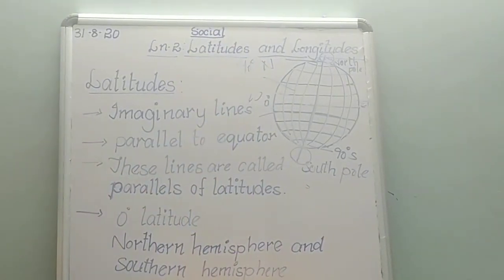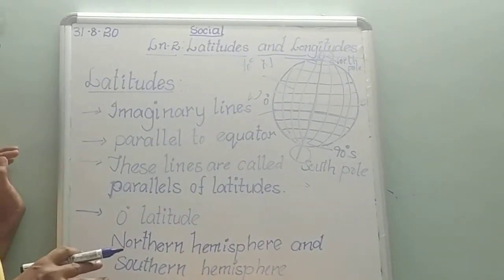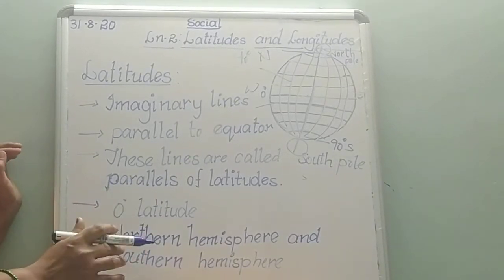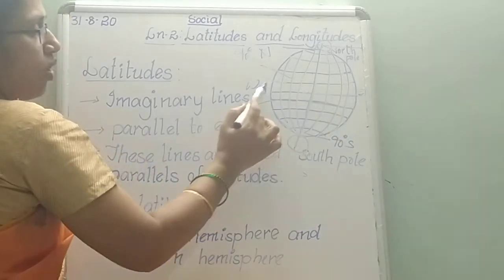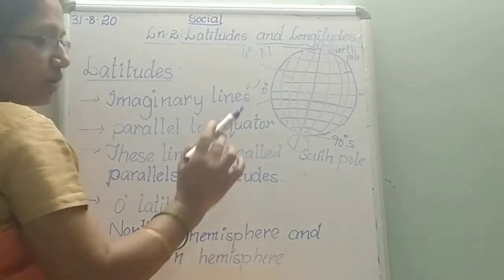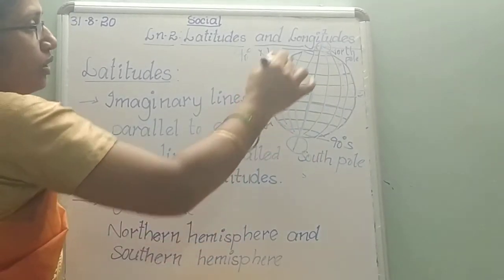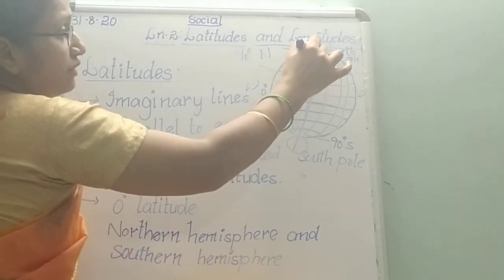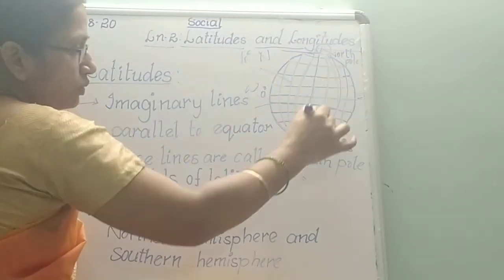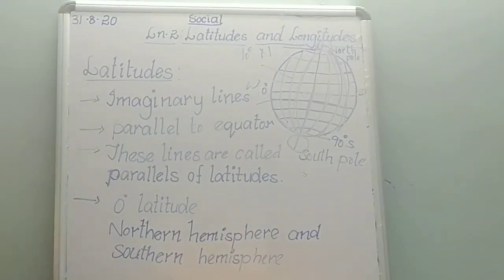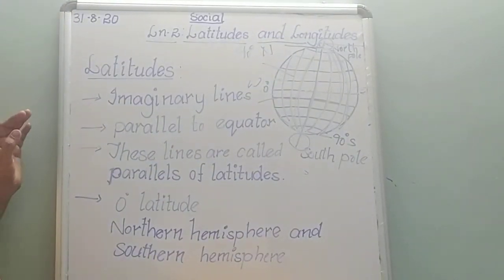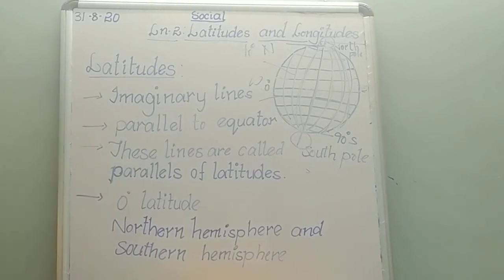Okay, children, is it clear which one is called latitudes and which one is called longitudes? The lines which run from east to west, horizontal lines, are called latitudes. Vertical lines which run from north to south are called longitudes. Now we are going to discuss latitudes.